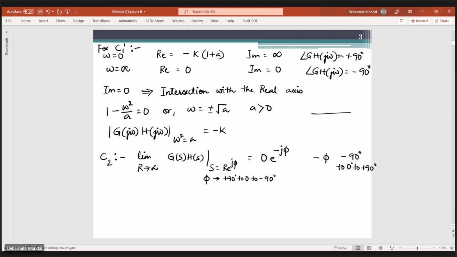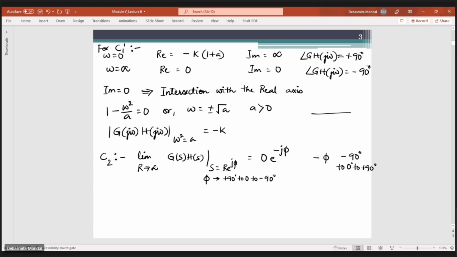But if the value of k is less than 1, then this point, minus 1 plus j0, will lie somewhere over here, beyond the plot.